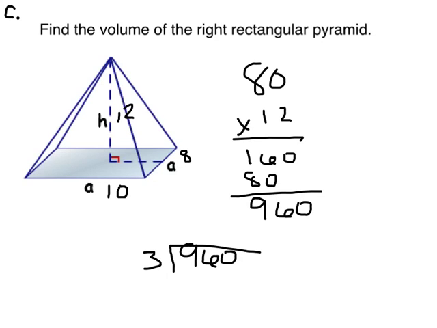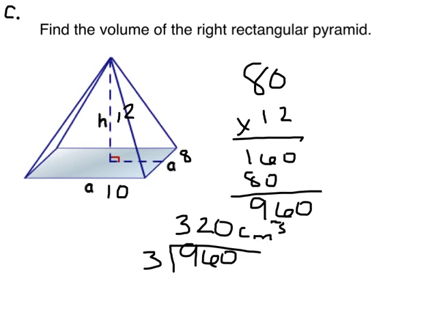All right, and then the formula for volume is 1/3 of that, because a pyramid has some triangular shape to it. So 1/3 of 960 would be 320, and these are in centimeters, so it would be centimeters cubed.